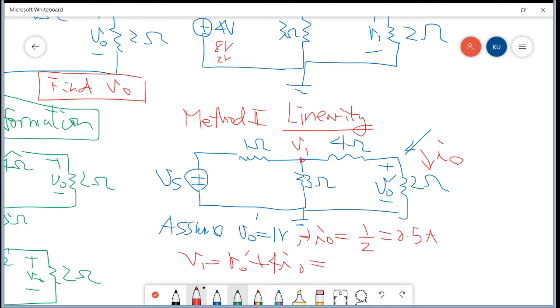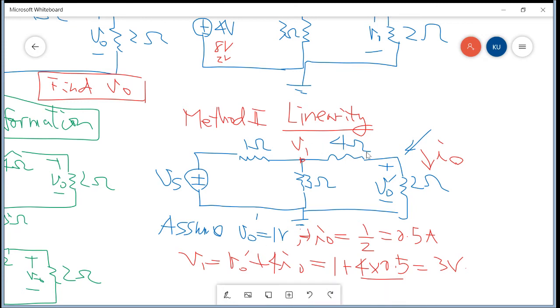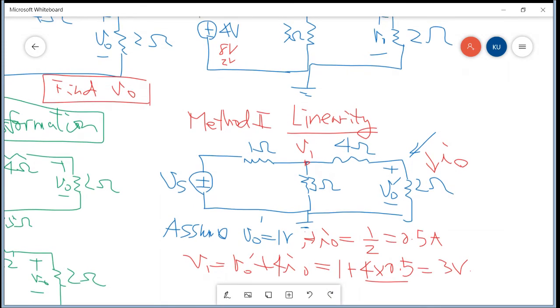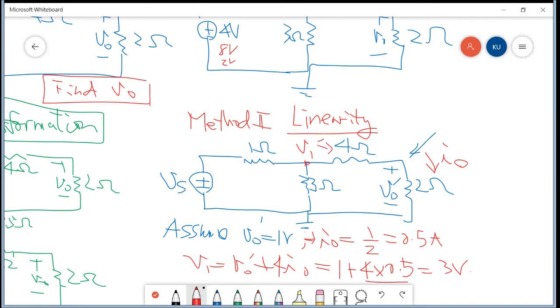So VO prime is 1 plus 4 times 0.5. So this is 2, so totally 3 volts for V1. So we know the current IO, and we know V1.